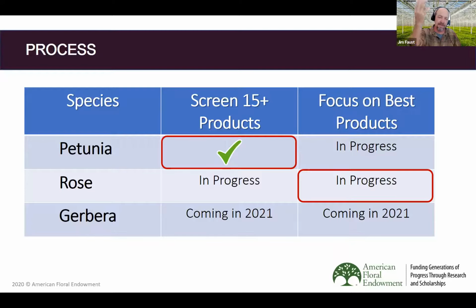Then the flowers rise up above the canopy, and you actually start to get to spray them fairly effectively. But if the infection has already occurred, then the spray applications are not going to be as effective, because many products affect the germination of spores, not so much the control of the mycelial growth in the tissue. So Gerbera has been by far the most difficult of these three species to control.